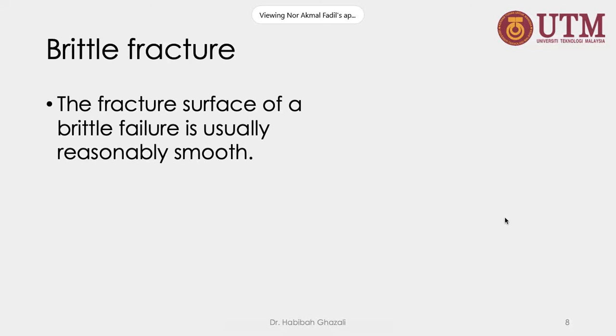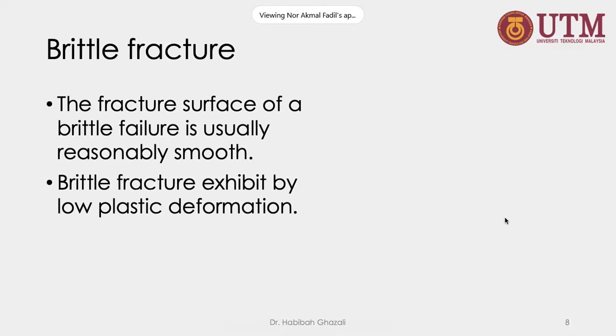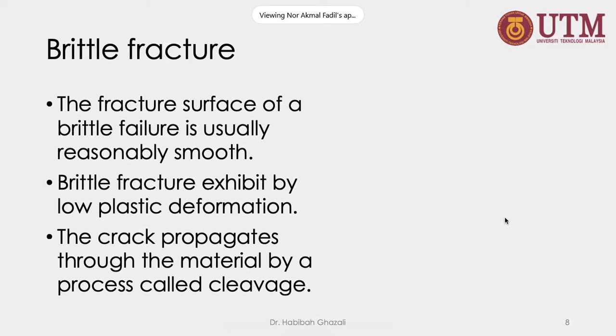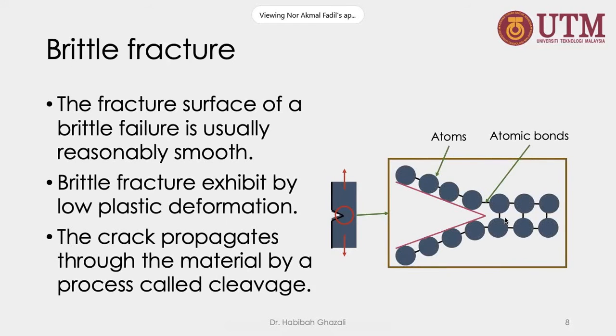But for the brittle fracture, the fracture surface of a brittle failure is usually reasonably smooth, okay, and has low plastic deformation. The crack propagates through the material by a process called cleavage. So this is the crack formation. The atomic bonds will detach due to the crack propagation.